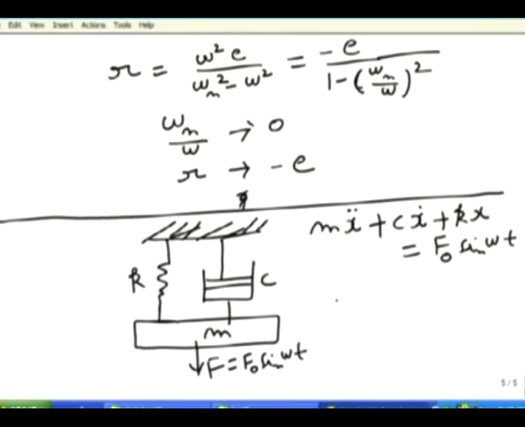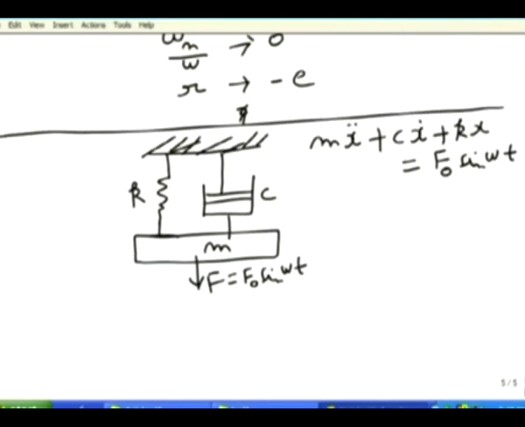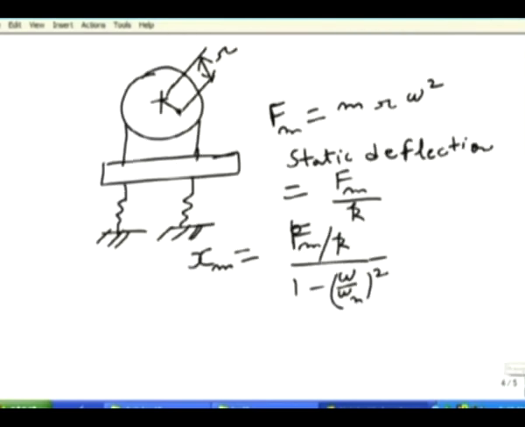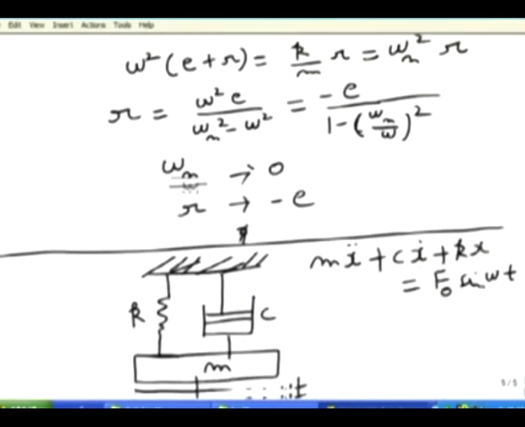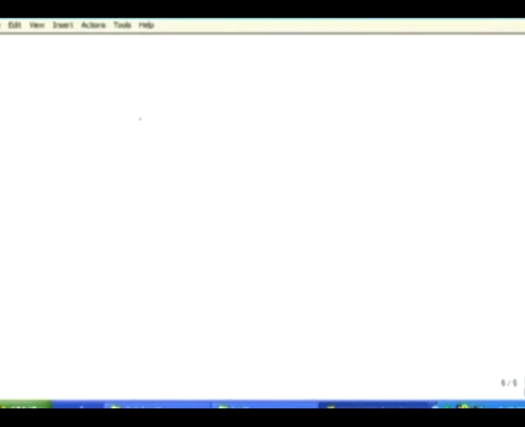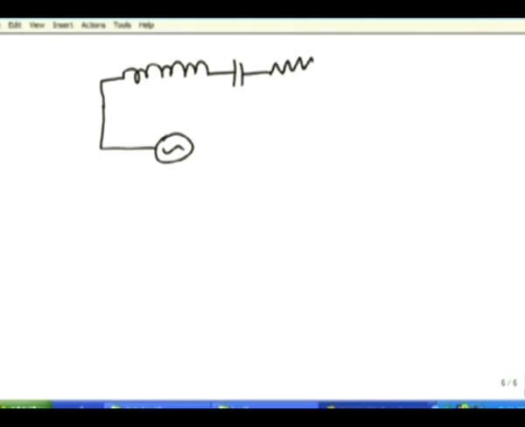A similar type of thing occurs when you have, let us say, a voltage source here, and you have inductance, capacitance and resistance in the electrical circuit.